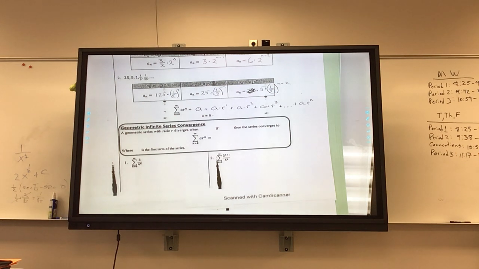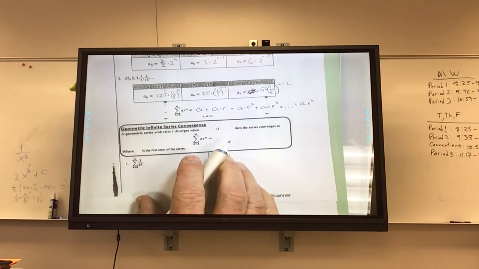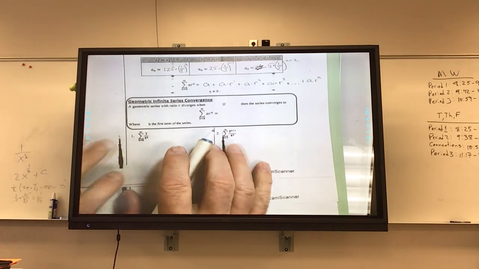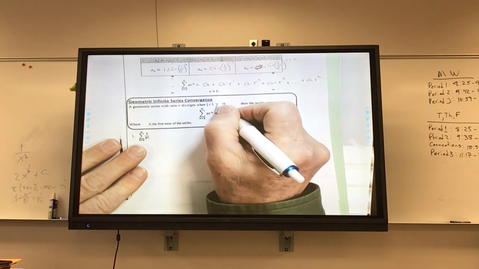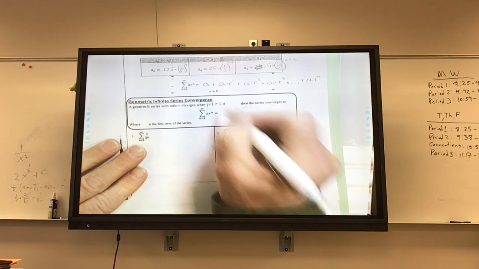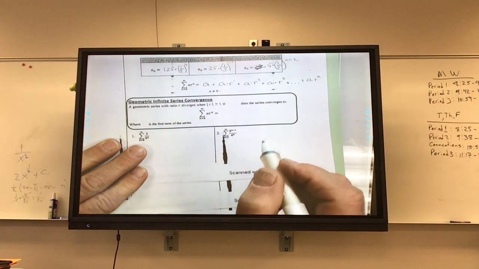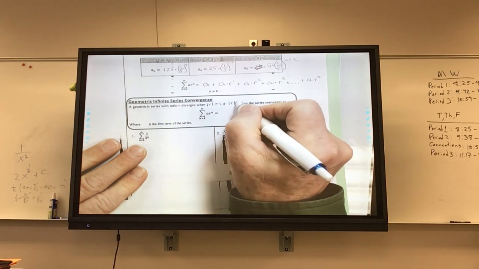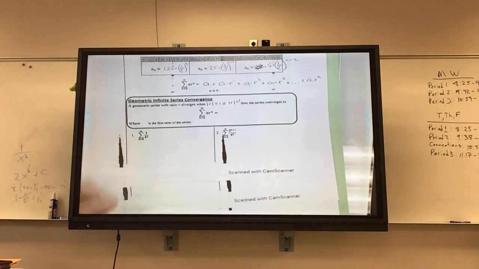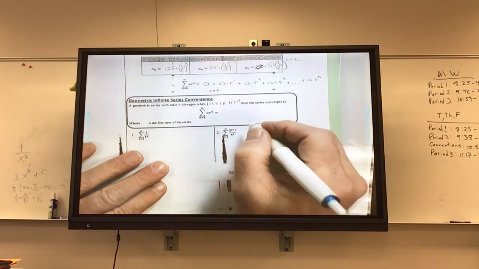Okay, so a geometric series diverges when the absolute value of r is greater than or equal to 1. And if the absolute value of r is less than 1, then it converges. And it converges to this.